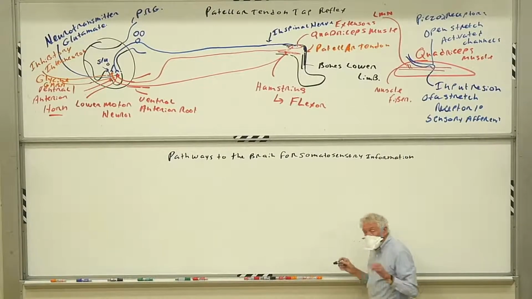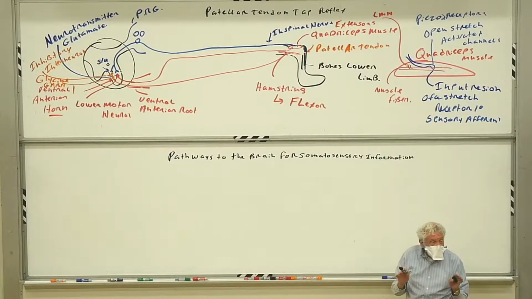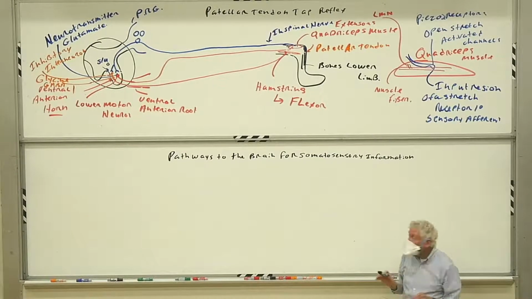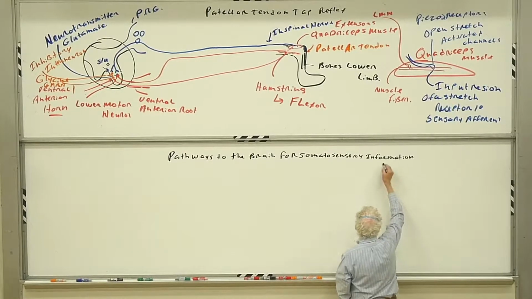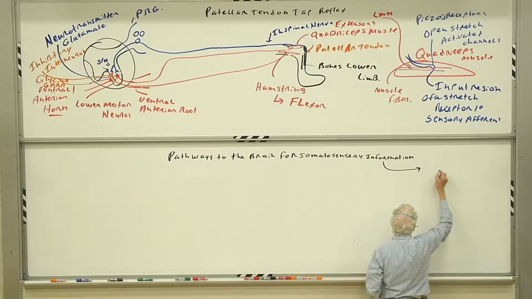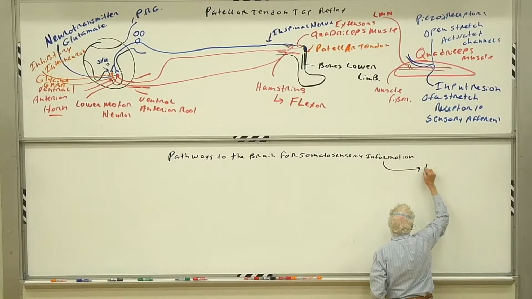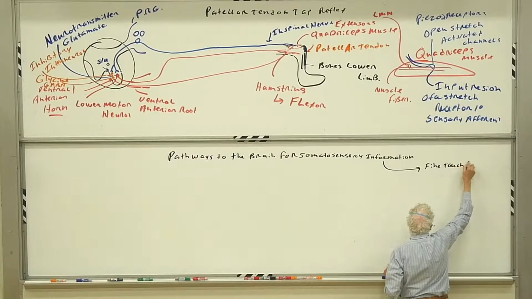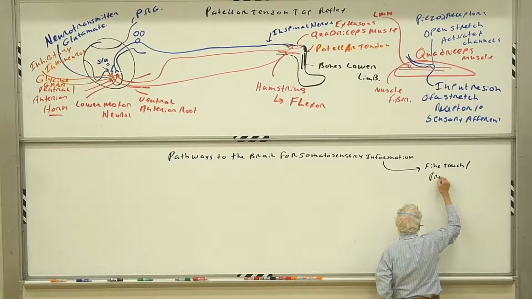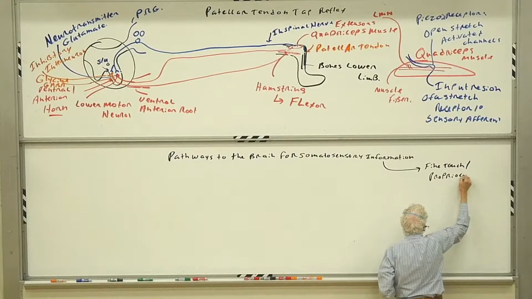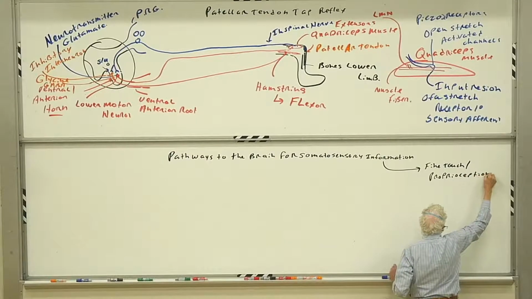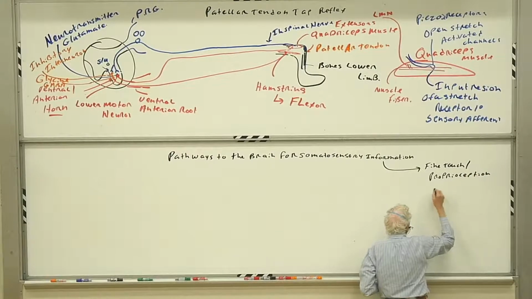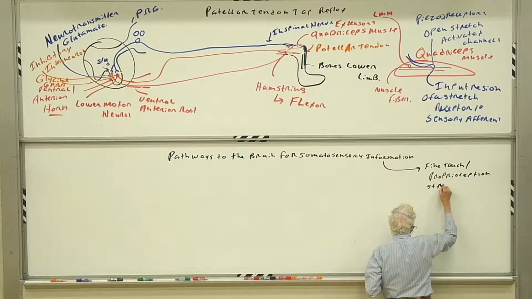Now, when we talk about somatosensory information, we're talking about a handful of modalities. So this term, somatosensory information, comes in two groupings. One group is going to be said to be fine touch and proprioception. Both of these start out with those stretch-activated channels.